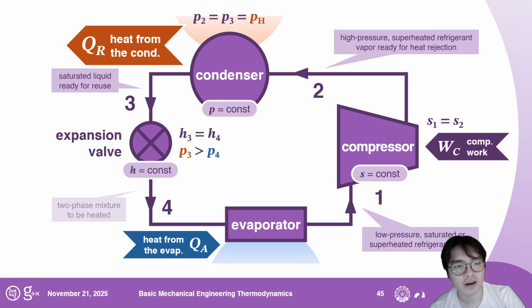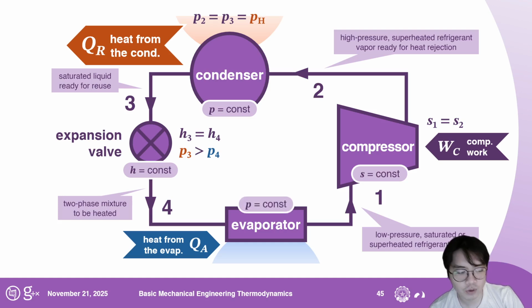And now, because you decrease the pressure, we can look at the diagram later, your state 4 will become a two-phase mixture. And now we perpetuate the cycle by using an isobaric process, an evaporator, so that you gain heat from the environment, and there's the cycle. You will have pressures 4 and 1 being identical, which you will regard as the low side pressure.